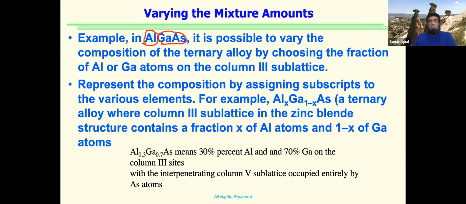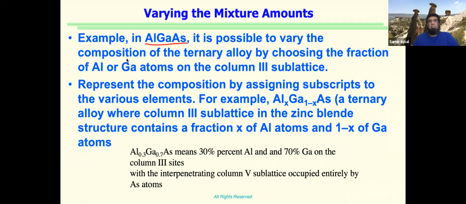There are a couple of important things that you would need to know. It always makes a good quiz question or exam question, which is, how do we know how much of what is being involved in there? We normally write it as a subscript of the amount that is being used. For example, I just wrote aluminum gallium arsenide, right?